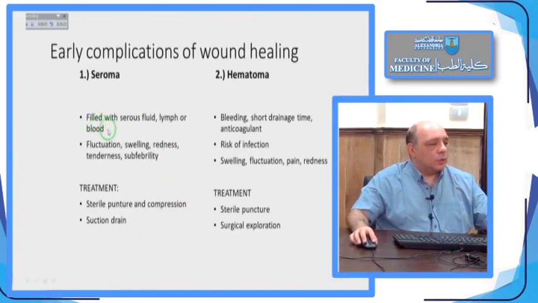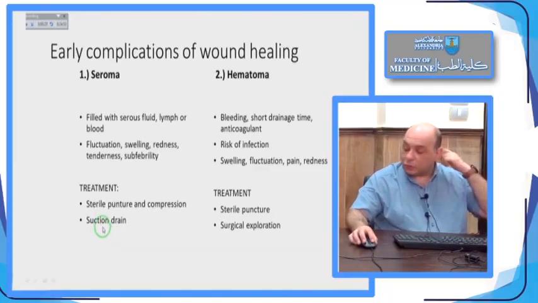With the seroma, you will see a space formed underneath the wound filled with serous fluid, lymph or blood. You can feel fluctuation, swelling, redness, tenderness, and subfebrile temperature. It can be treated by sterile puncture or compression at the same time, and you may need a suction drain.